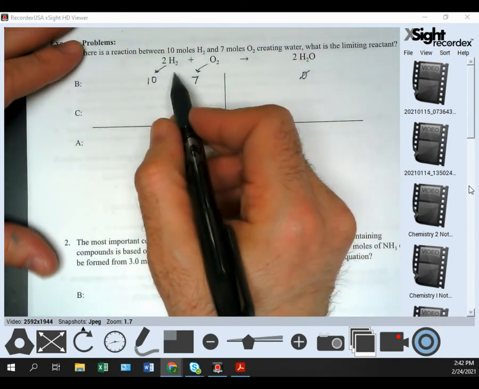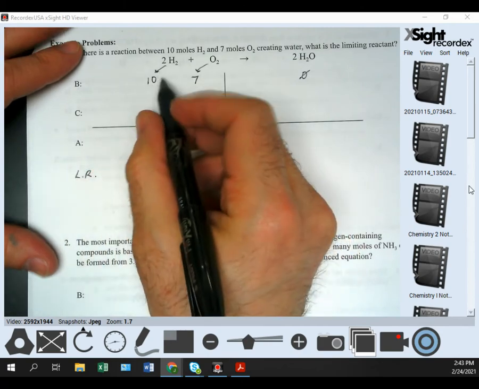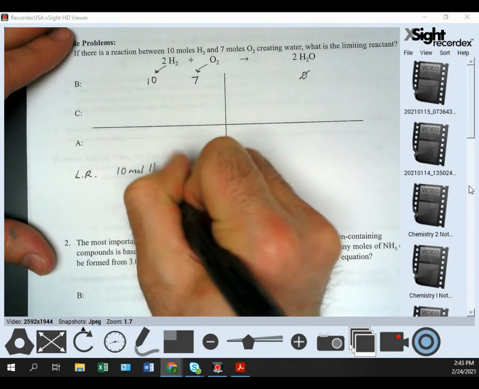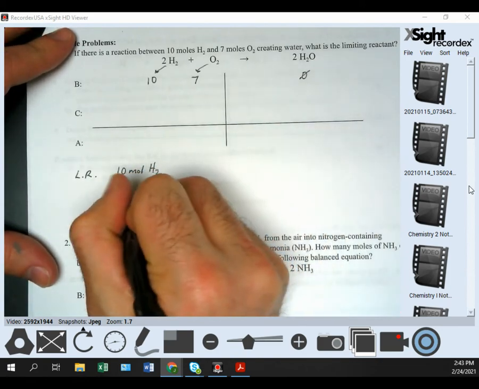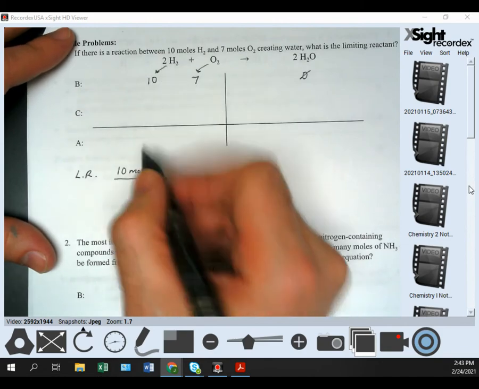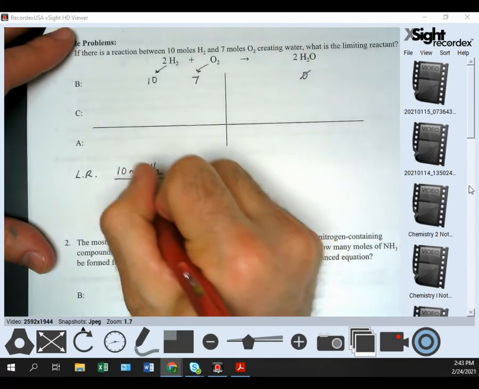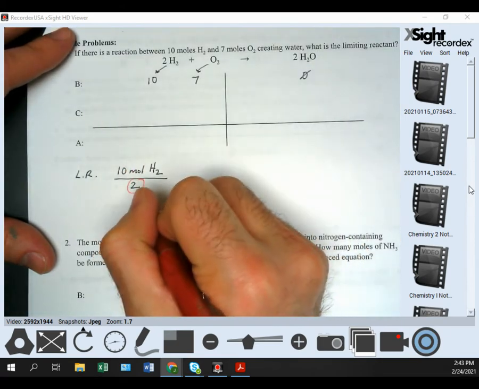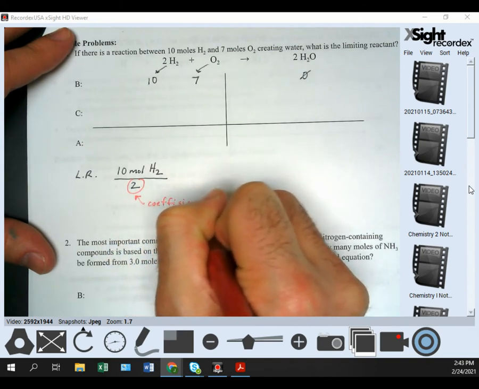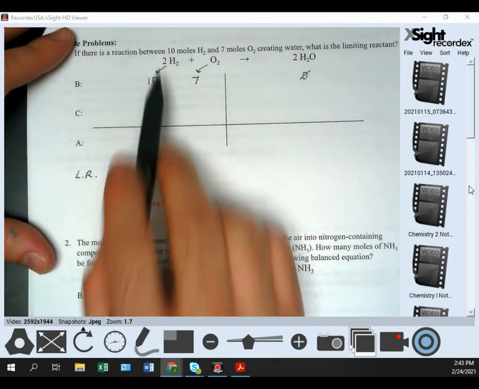So we take the number of moles. For the limiting reactant, we take the moles, so 10 moles of H2, divide by the coefficient in front of the H2 in the balanced equation. So there's a 2. Okay, so this is the coefficient from here.